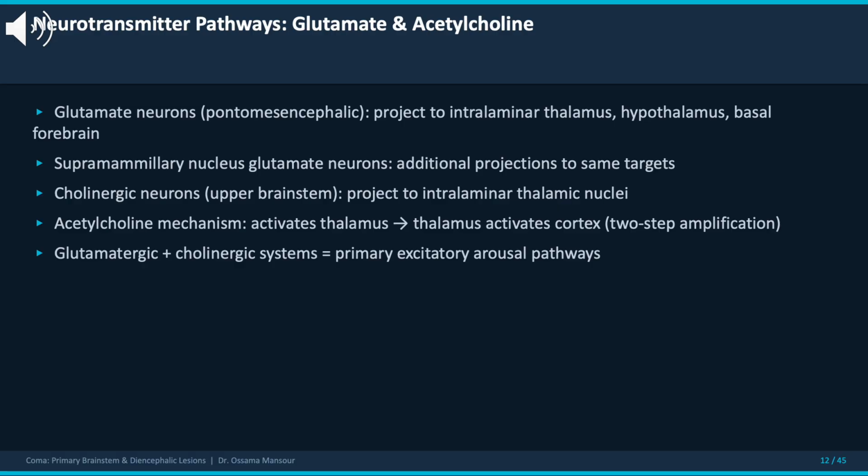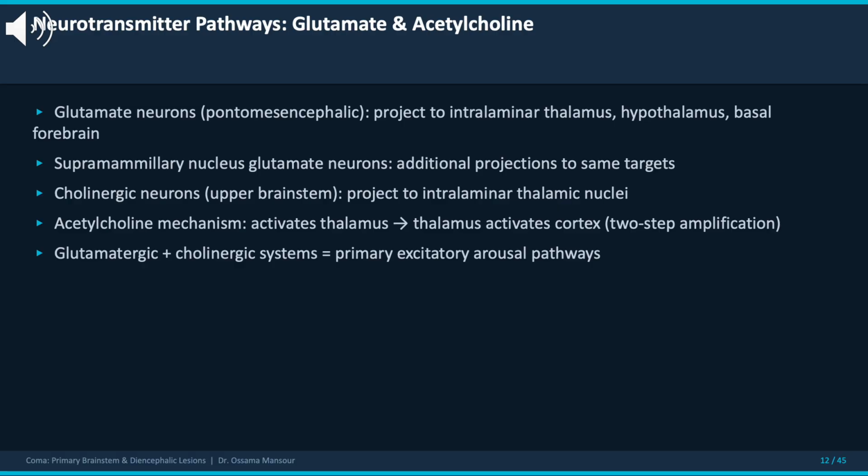All of these target regions play crucial roles in maintaining alertness. Glutamate neurons also arise from the supramammillary nucleus in the posterior hypothalamus, sending projections to these same target structures. This redundancy and convergence suggest the critical importance of these excitatory glutamatergic projections for arousal.